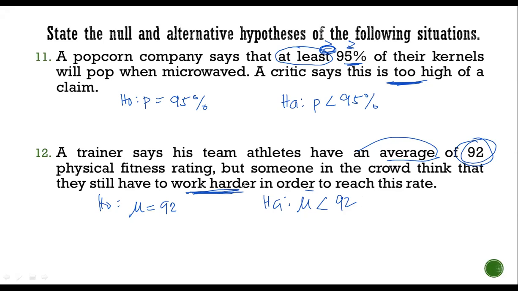Usually, kapag madali yung subject nyo, kunyari, a subject that you feel like minor lang compared sa major. Mag-work harder ka ba sa minor compared sa major? Hindi, di ba? Okay, you will only work harder when it is too high for you to achieve. Okay? So, it must be less than. Kasi masyadong mataas. Too high. That's why, bababaan natin siya.